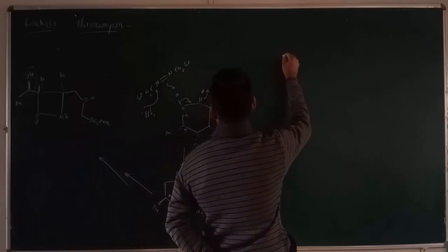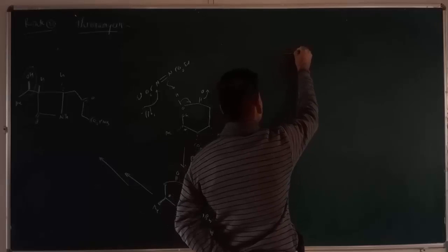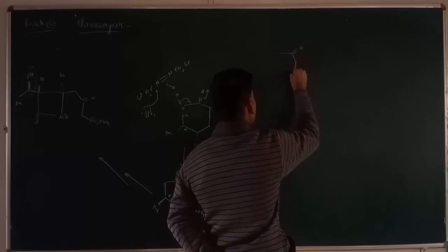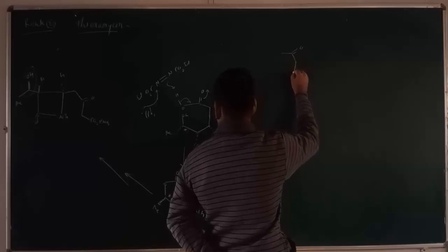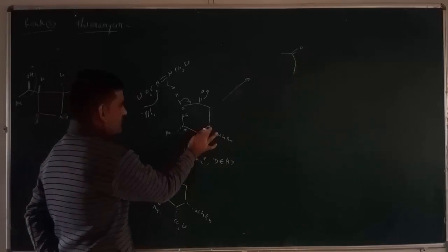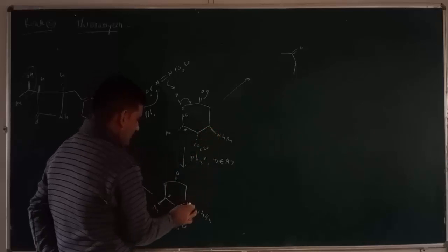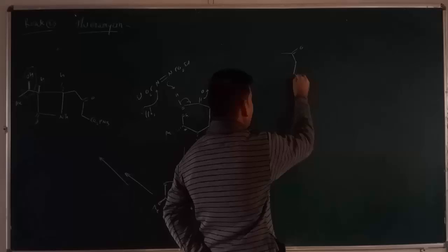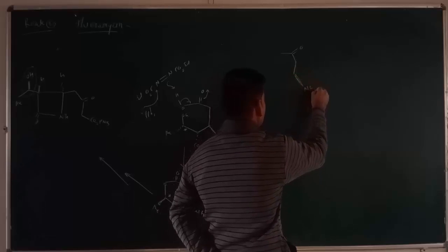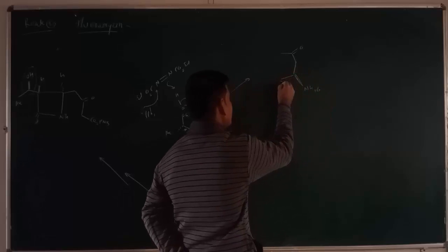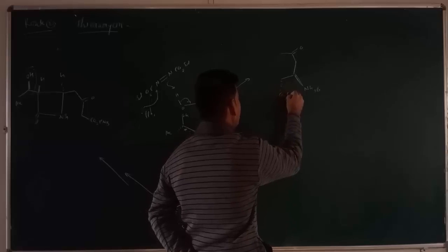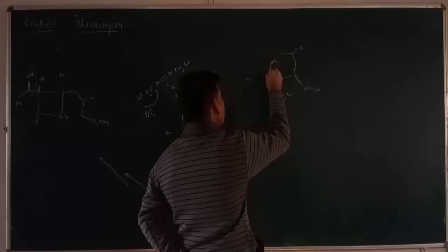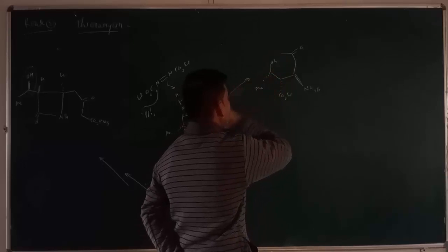So what we get here, here is C double bond O, CH2, and this group is NHBN above the plane, so here is NHBN, then here is CO2, here is OH, and this is the methyl group, right?